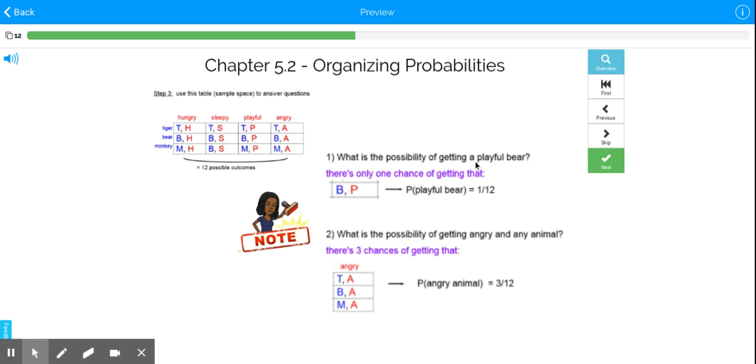Playful bear, so we have to have a B and a P. That's 1 out of the 12. I want you to make a note of these. What is the probability of getting an angry animal, any animal, angry? So that's either a tiger, a bear, or a monkey, and angry. That gives us 3/12. It's a fraction. Can we reduce it? Yes, we can. It actually becomes 1/4.